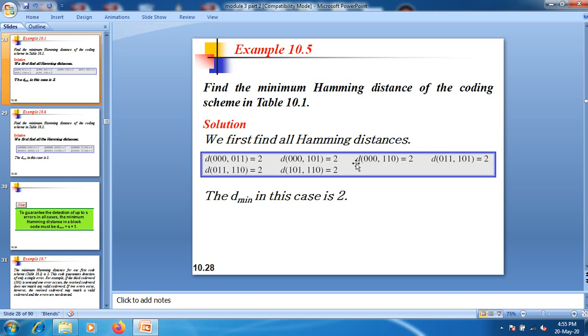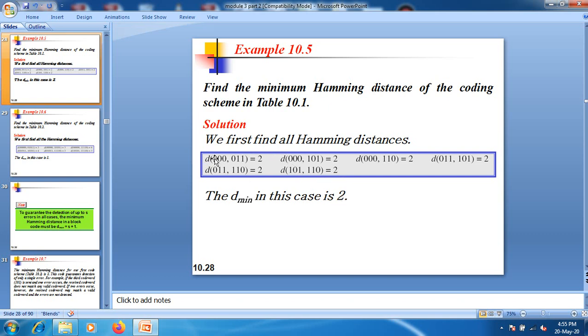These are all the possible pairs we have, and we need to compute the Hamming distance between all these possible pairs. Here we get the Hamming distance as 2, and what is the minimum value out of these pairs? That is 2. The minimum Hamming distance for this particular coding scheme is nothing but 2 here.